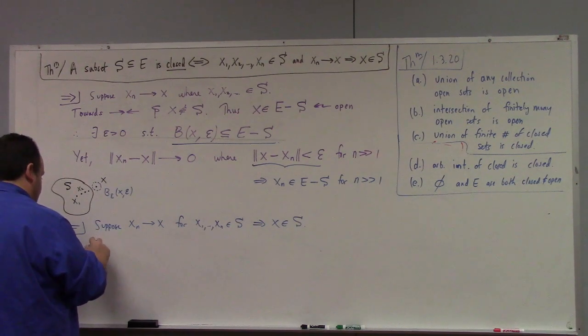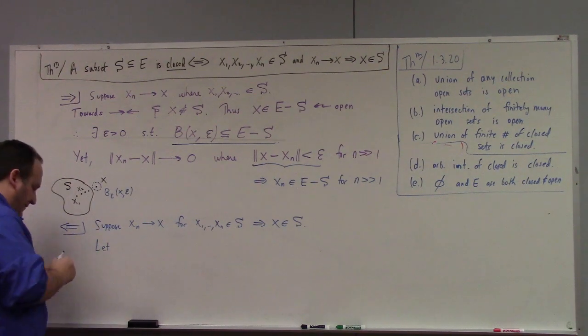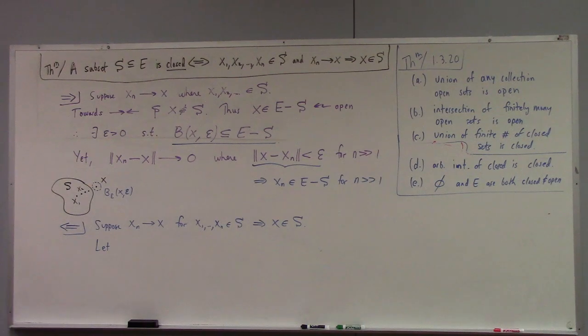Let me follow the book. I feel like we should just pick a point. Oh, well, he does it by contradiction again, so that's probably for a reason. My inclination is just to try to prove it directly. We could try that and see what happens.